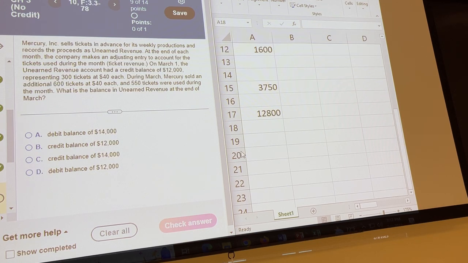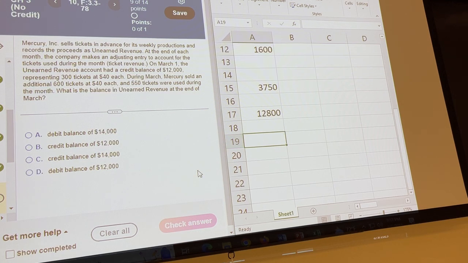On March 1st, the unearned revenue account had a credit balance of $1,200, representing 300 tickets at $40 each. During March, Mercury sold an additional 600 tickets at $40 each, and 550 tickets were used during the month. What is the balance in unearned revenue at the end of March?